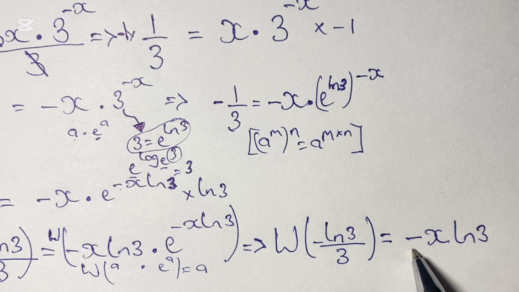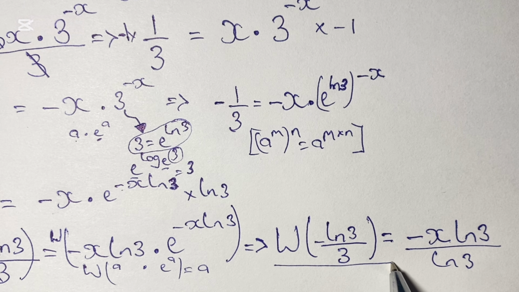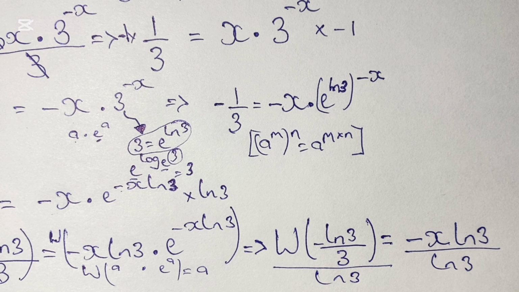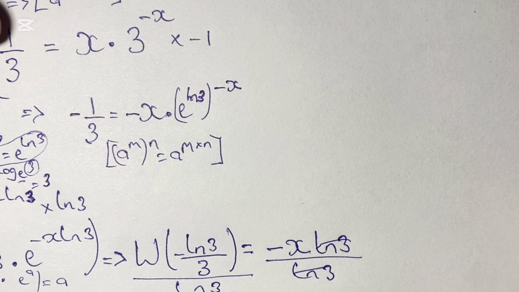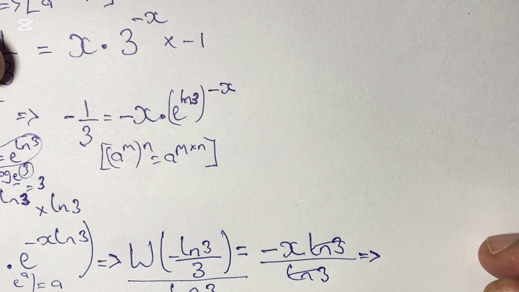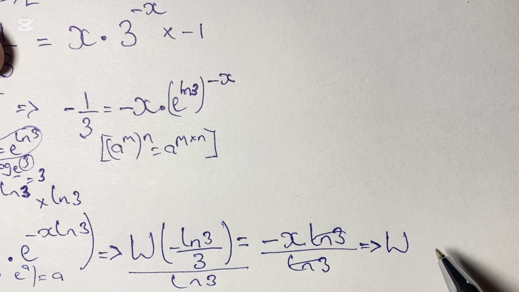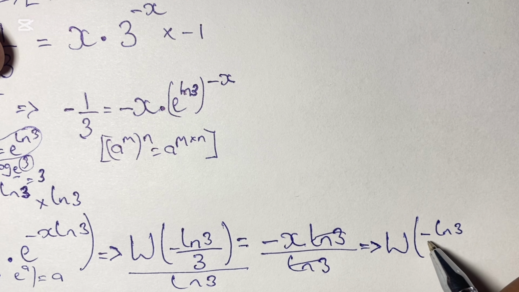And now we start by solving for x by dividing both sides of this equation by ln of 3. So in doing this, we know that ln of 3 is going to be cancelled out on the right. So just to rewrite our equation, we now have W of negative ln of 3 over a third, all over ln of 3.